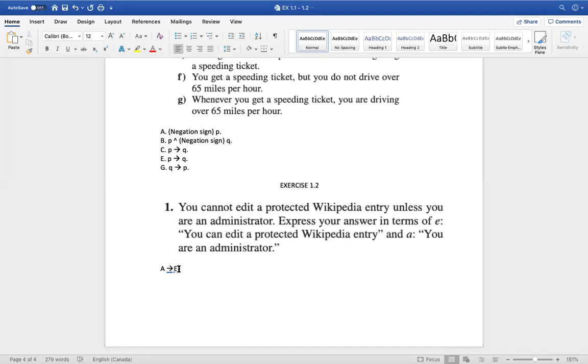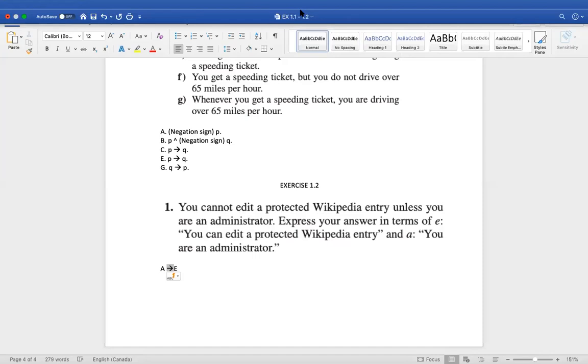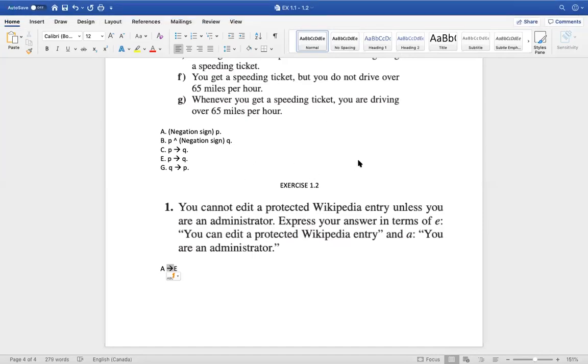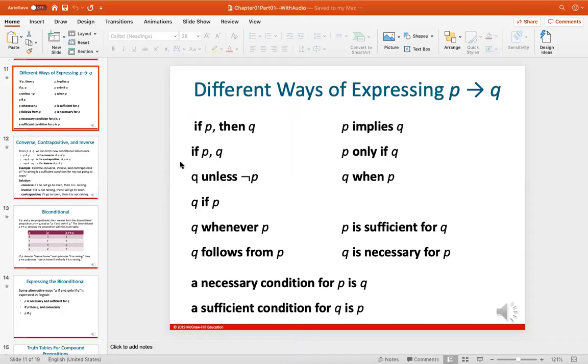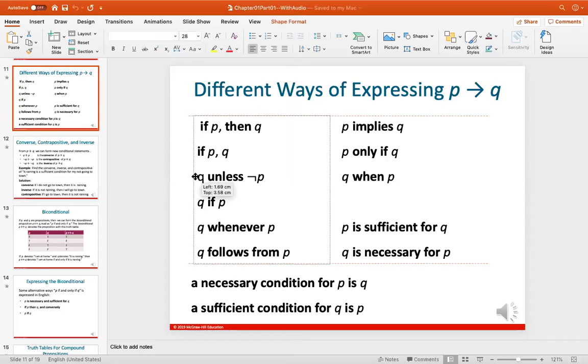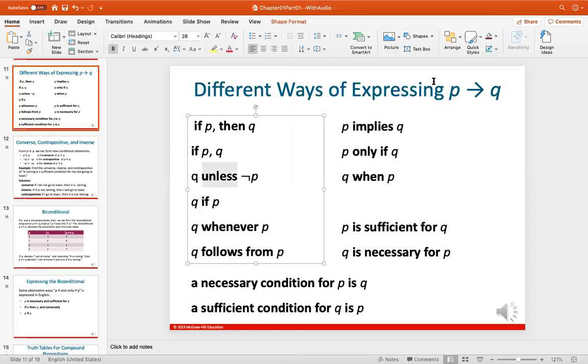No, it should actually be like this, right? Because you need to be an administrator in order to edit the protected Wikipedia. What about the unless keyword? Okay, unless here is also one of the keywords for the implication. You will see here, Q unless negation of P is also a way of expressing implication.